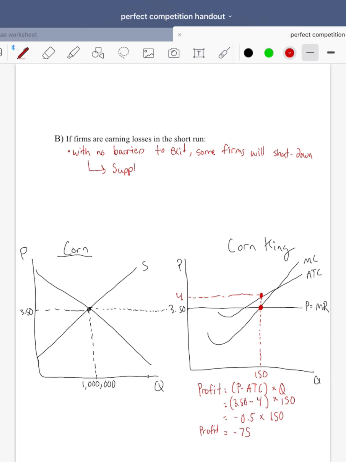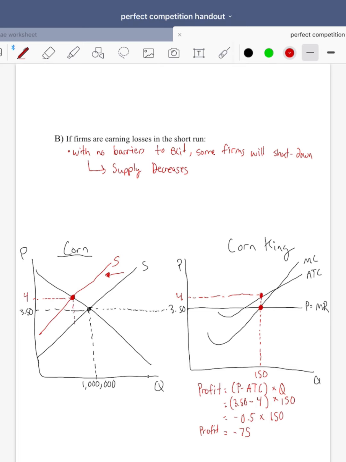Now, when firms shut down, they're essentially exiting the market. So when firms leave the market, that's going to cause supply to go down. So anytime we have a decrease in supply, that's going to be a leftward shift of our supply curve. So we have a leftward shift of our supply curve representing that decrease in supply.